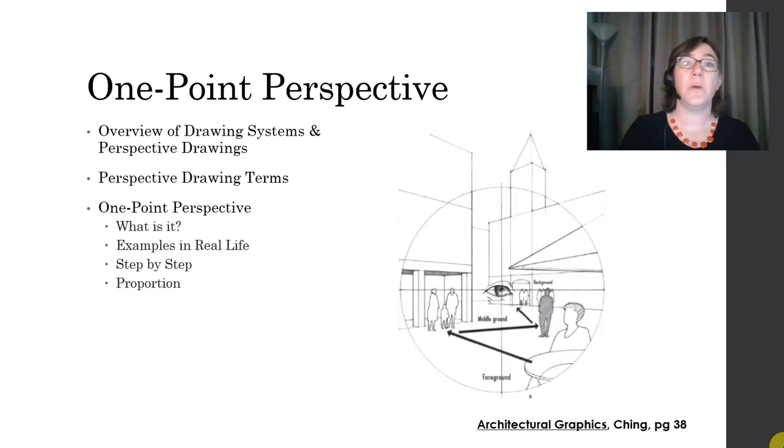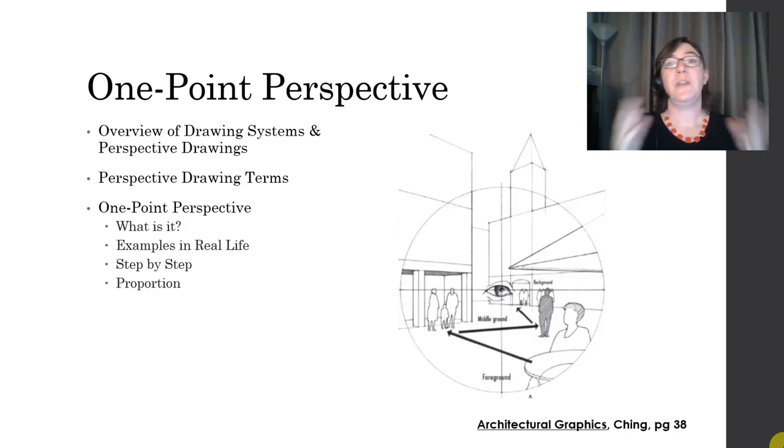And then we'll go into some specific perspective drawing terms, a little vocabulary lesson today. Then moving on to one-point perspective drawing system in particular, we'll talk about what it is, some examples from real life, and take you through the system step by step, finishing up with a discussion of proportion within this perspective system.